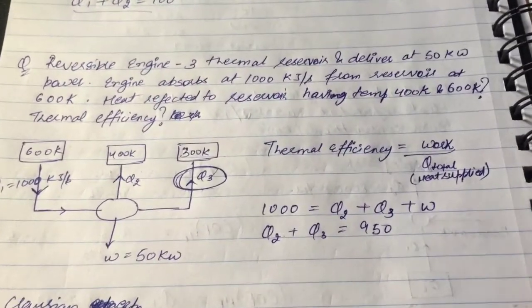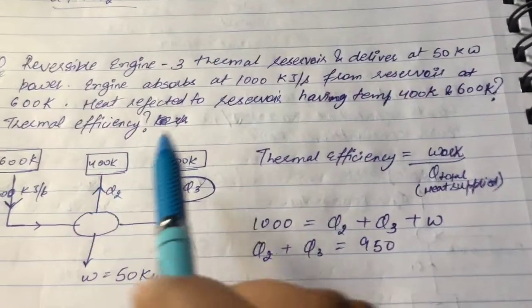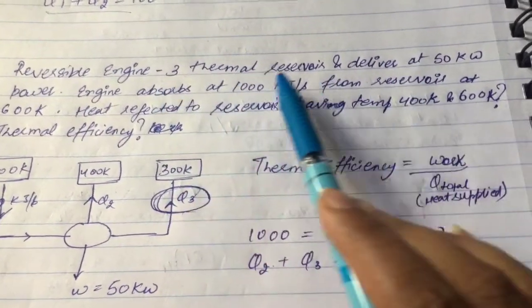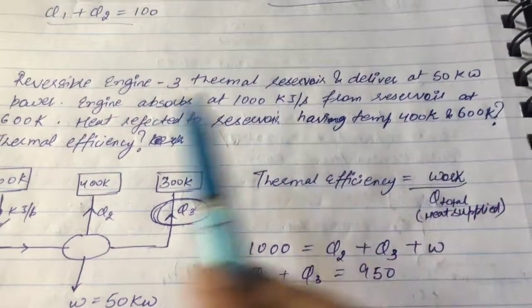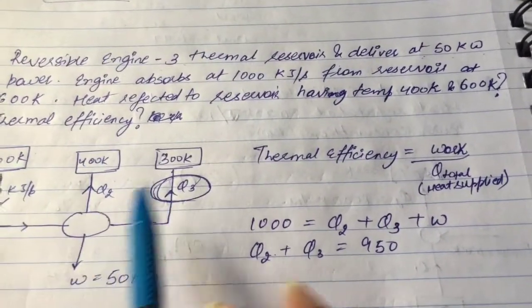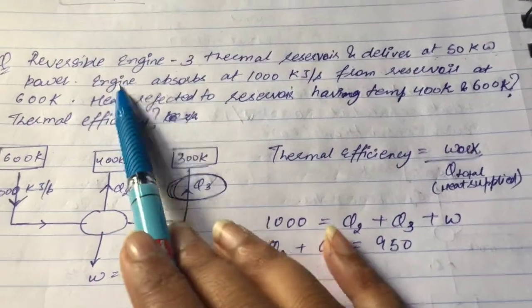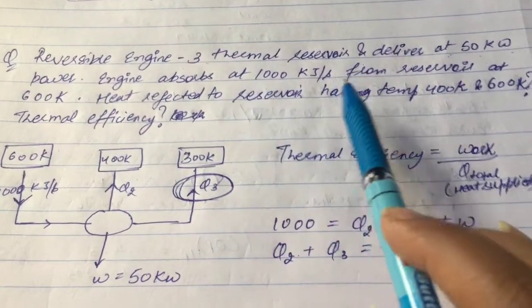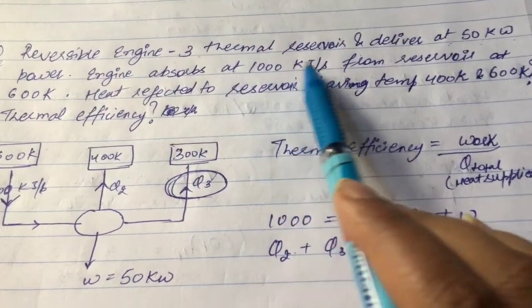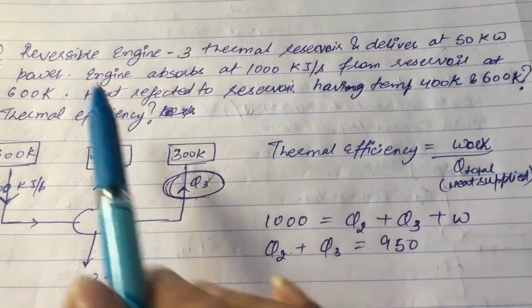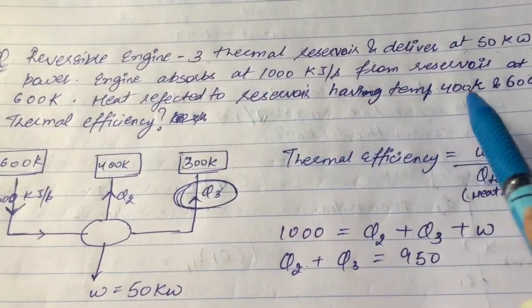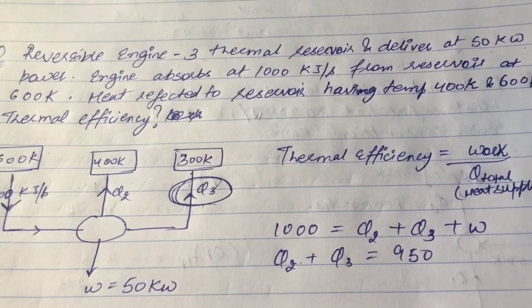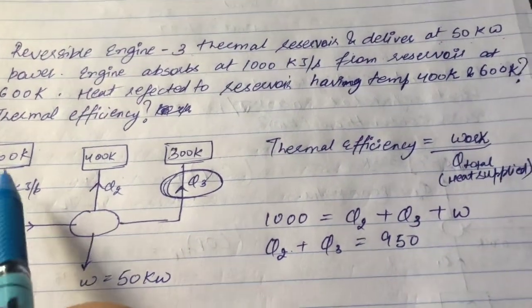Next question: a reversible engine is given. Three thermal reservoirs are there, and power of 50 kilowatt is delivered. The engine absorbs 1000 kilojoule per second from the reservoir at 600 Kelvin, and heat is rejected to reservoirs having temperatures 400 and 300 Kelvin.